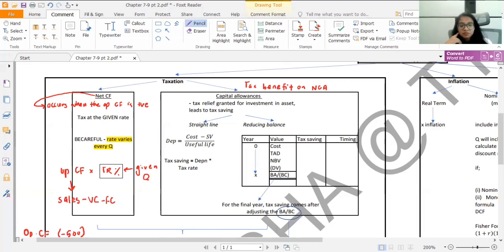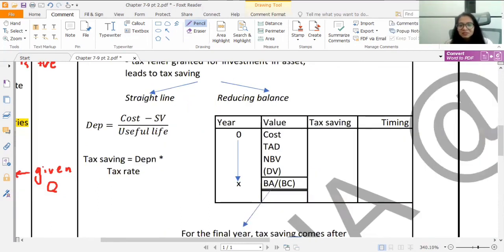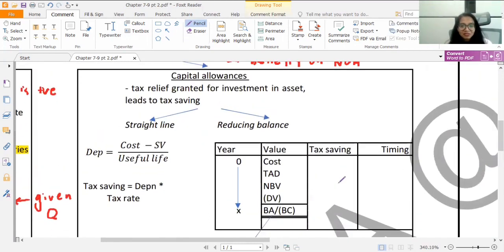So do you remember your formula to calculate straight line and reducing balance? Sometimes when I teach my FM students, because they have left it for a while, they tend to tell me, yeah, miss, I forgot. So just be careful of that.